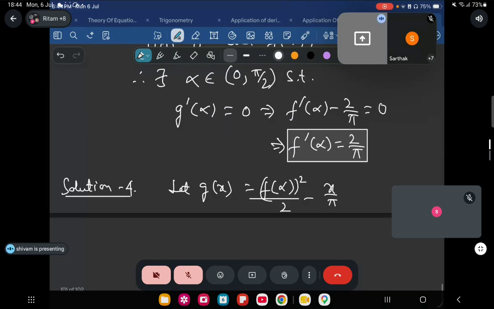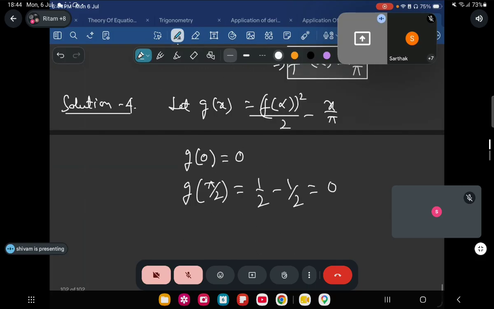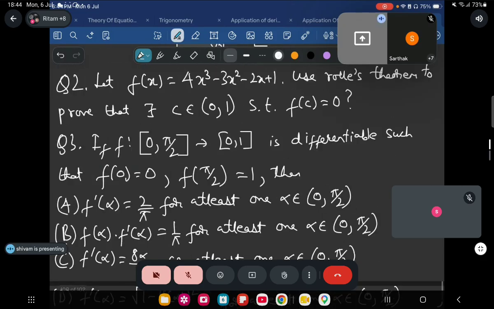After that we just check what is g of 0. g of 0 is equal to 0. What is g of pi by 2? g of pi by 2 is equal to half minus half, which is 0. Therefore g dash alpha will be equal to 0. This implies f of alpha into f dash alpha is equal to 1 by pi. Option B is also correct.